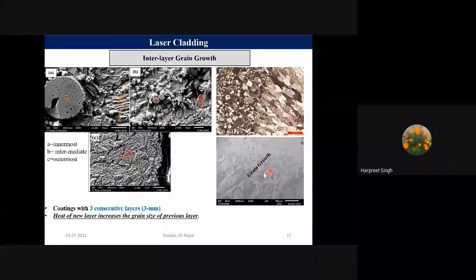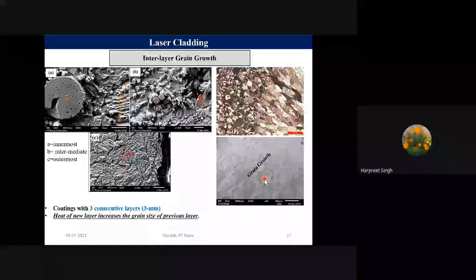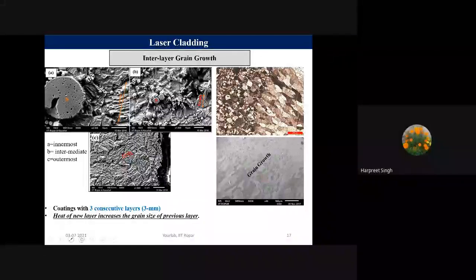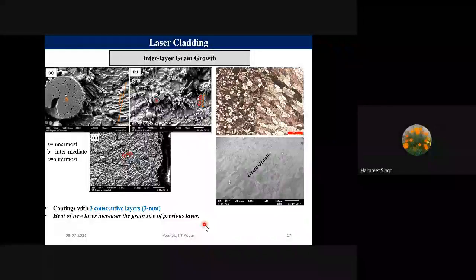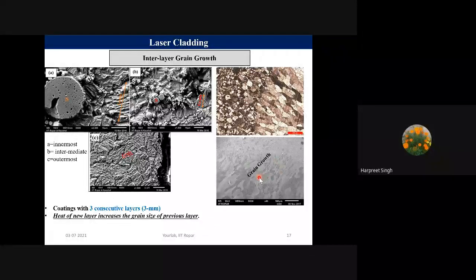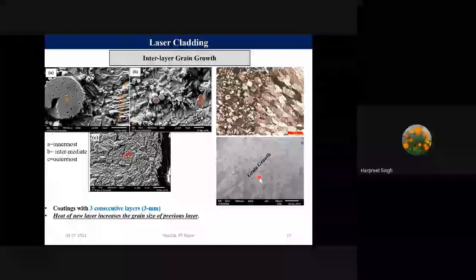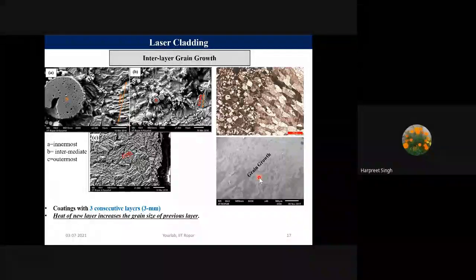This is again an SEM picture, but this is an optical picture, right? So you can see this grain growth and all kinds of stuff happening in the material, which is not appreciated by surface engineers usually. The heat of the new layer increases the grain growth. We even try to give some reason why it is happening. These coatings are developed layer by layer, right?